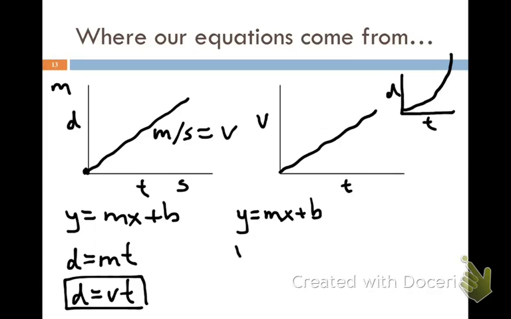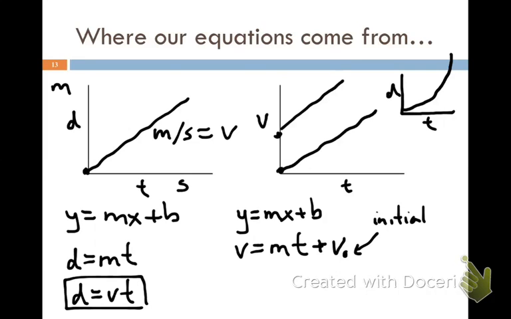Y here is now velocity, and x is time. And b is 0 here, but this is actually going to be our starting velocity. We could start at 0, but we could also start at about 5 meters per second and increase our velocity from there. So I'm going to put velocity with a little subscript 0 here. That is our initial velocity.